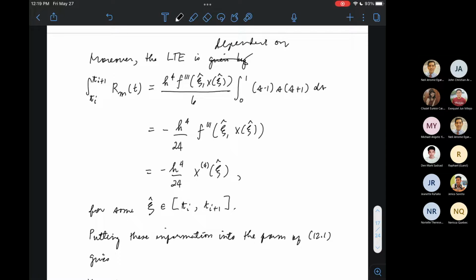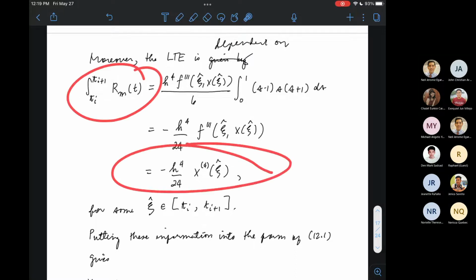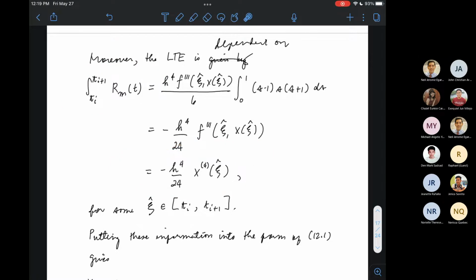Kasi well, divided by h. Yeah, kasi di-divide ko pa siya by h later. Ano? So if you integrate R sub m, you get this quotient, all right? And c hat here is a number between t sub i and t sub i plus 1.